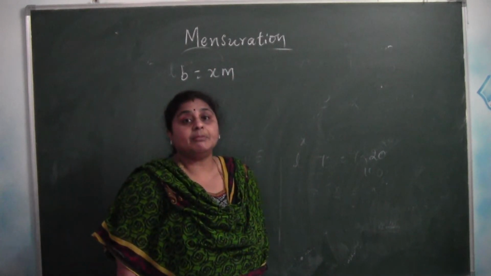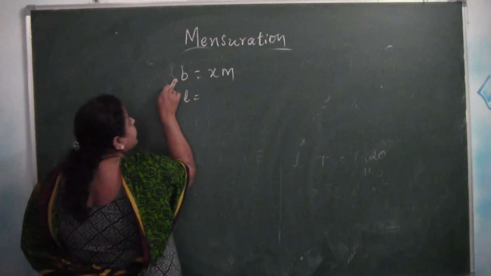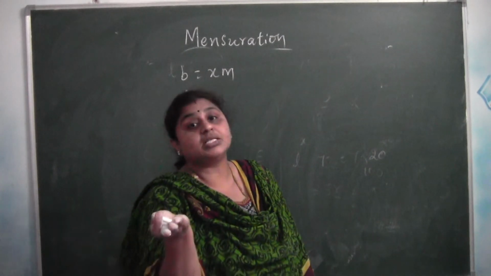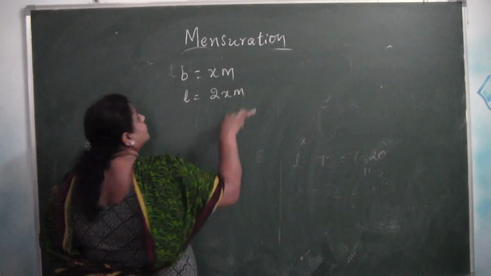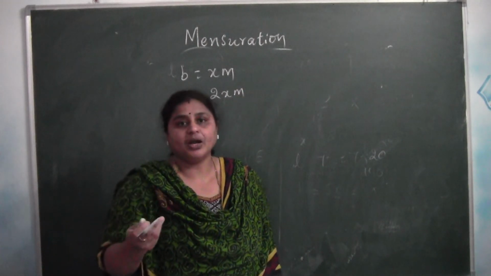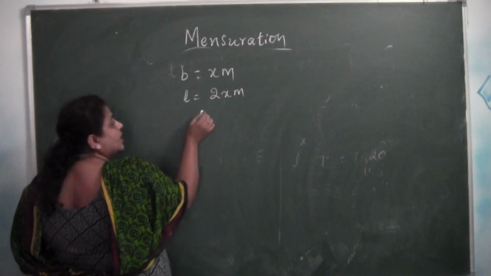And what did they give? Length as twice its breadth. So length is equal to 2x meters. Twice means 2x, thrice means 3x. Now breadth is x meters, length is 2x meters.